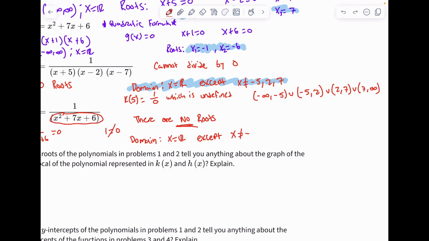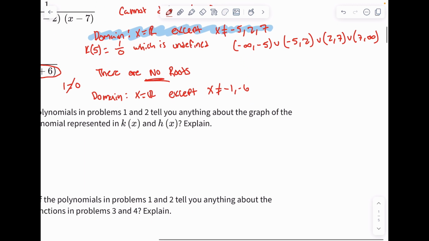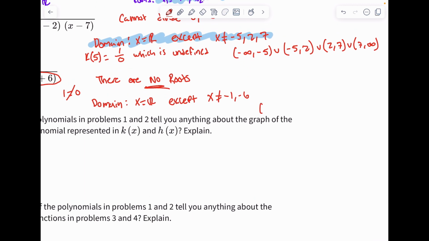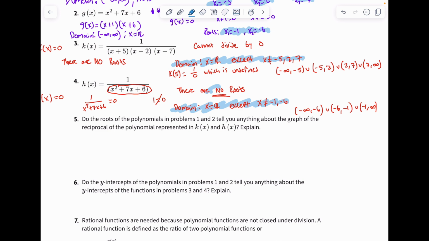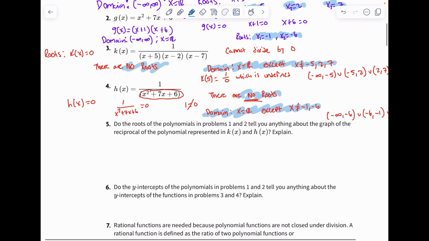You can also write this as negative infinity to -6, union -6 to -1, union -1 to infinity. These are totally valid ways, but this is a lot more simple. And again, there are no roots here.